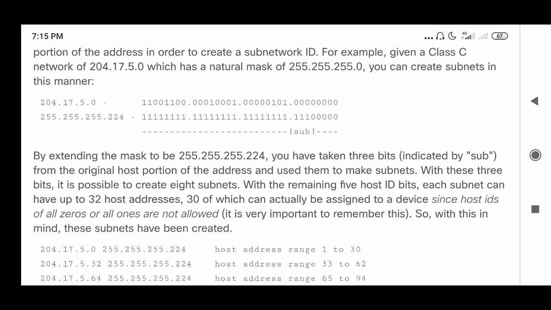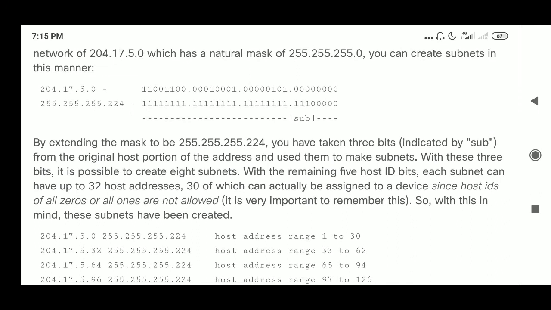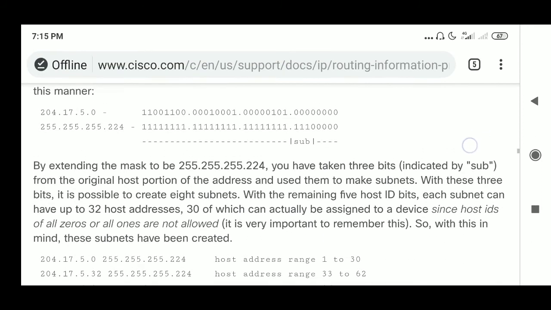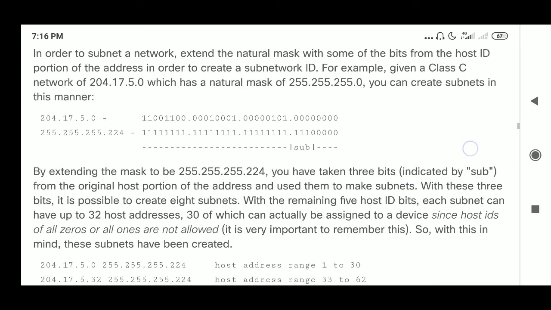So for 204.17.5.0, if you take 3 bits from the host IDs, then you can create a maximum of 2 raised to 3, that is 8 subnetworks.